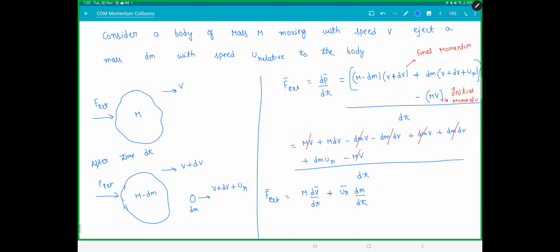This looks like you got it from differentiation, but there is a catch. This will be the speed of the ejected particle with respect to the body. That v is not the velocity of the body. Have a look at this. Let me write it down in a more usable form on the next page. I didn't do anything big here. I took the final momentum, initial momentum, and subtracted it.